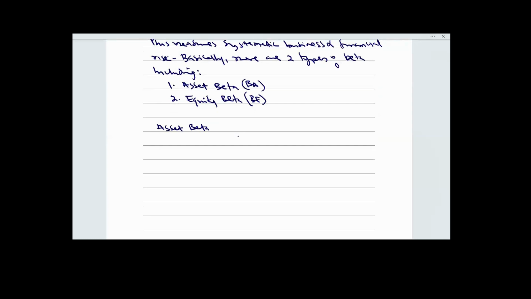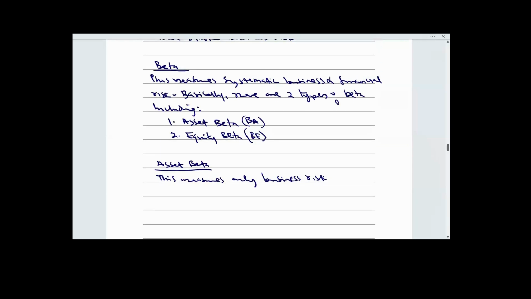This measures only business risk. So whenever you want to measure the risk associated with the industry where a company operates, that is business risk.